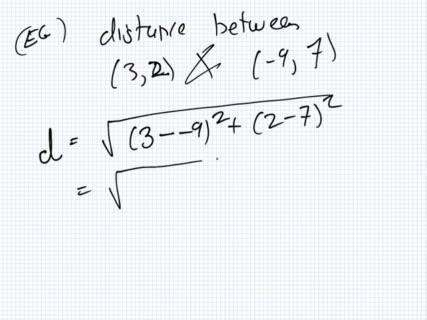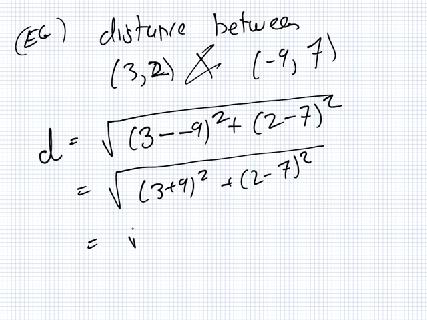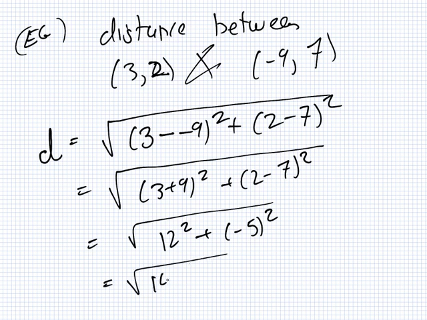This would be 3 plus 9 squared, and then 2 minus 7 squared. So that's 12 squared plus minus 5 squared. So that's 144 plus 25, which is root 169, which is 13. So 13 units is the answer here.